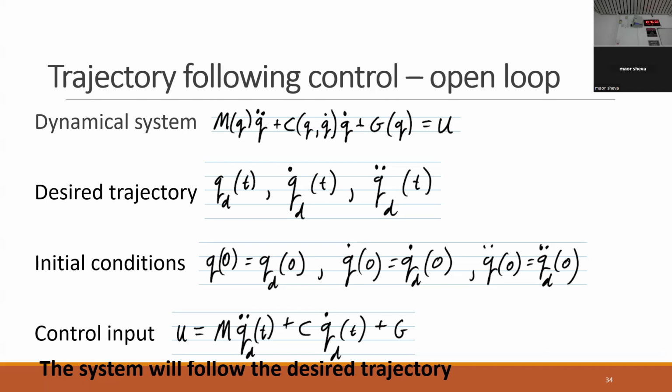So this is the input that I need in order to follow the desired trajectory, but there is no term here that will cause the system to get back to the desired trajectory if it just gets off this desired trajectory.